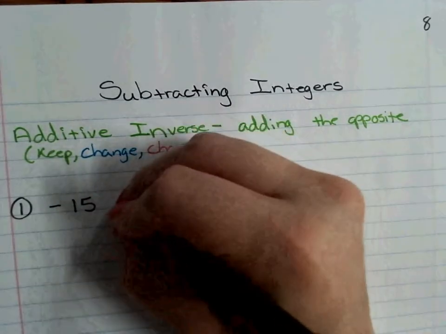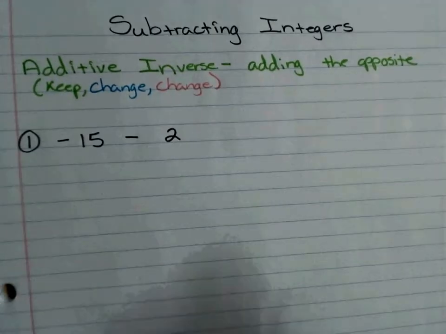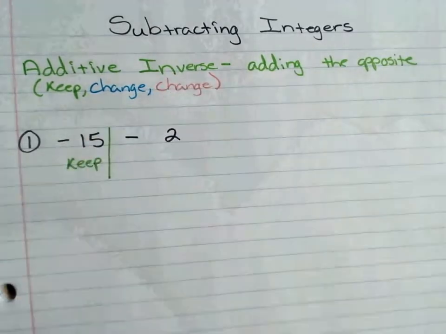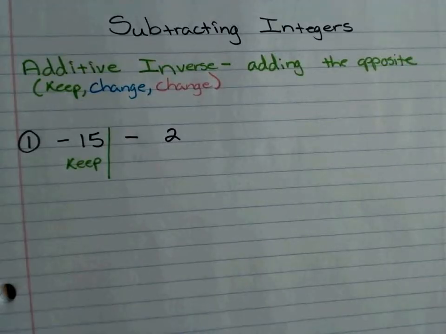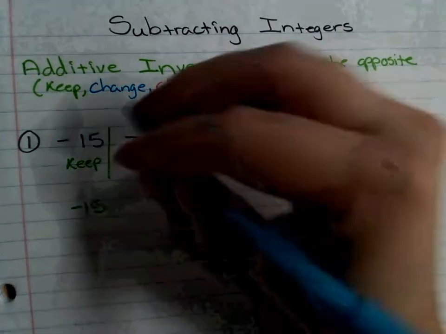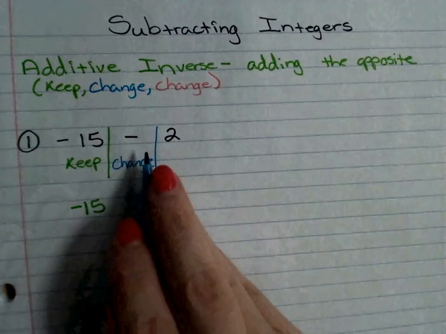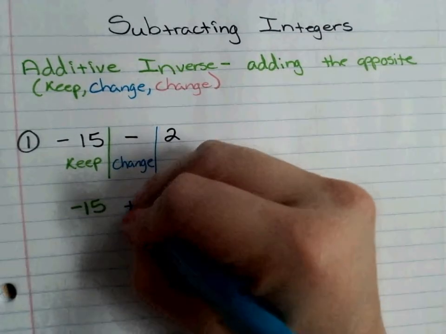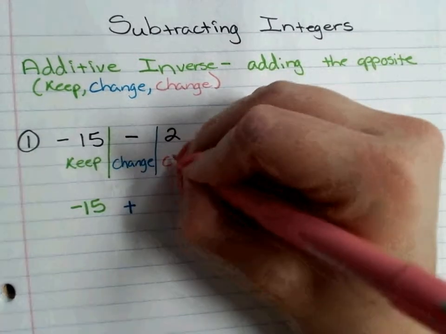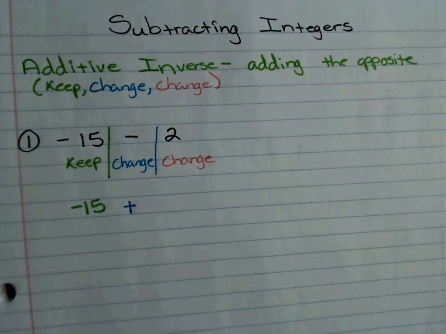Okay, so now we have a negative 15 minus 2. With that whole additive inverse, we're going to keep the first number just as it is. So that negative 15 is going to stay a negative 15. Then we're going to change that subtraction sign into an addition sign, hence the reason it's called additive inverse. And then we change the second number into its direct opposite.